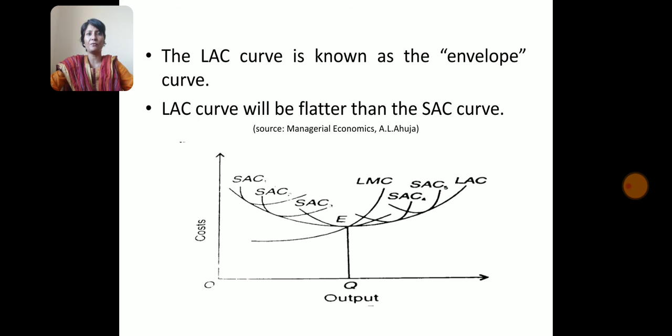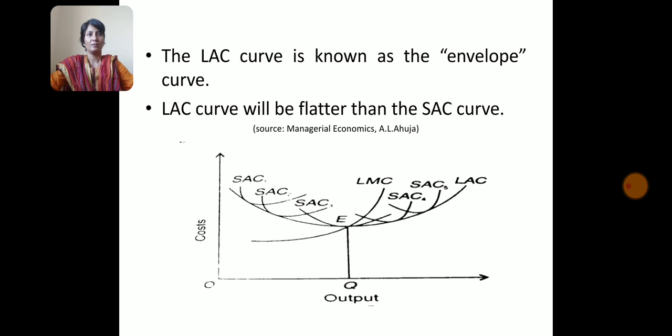LAC curve will be flatter than the SAC curve. The curve first falls, reaches a minimum and then rises, giving it a U shape. We can use returns to scale to explain the shape of the LAC curve.